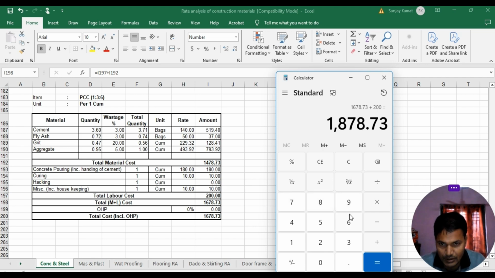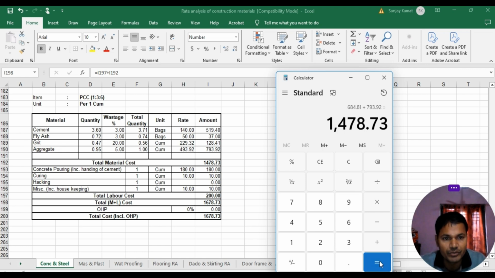Oh sorry, not this, let's check this first. The total material cost: 519.40 plus 37 plus 128.41 plus 793.92 is equal to 1478. This is absolutely correct.